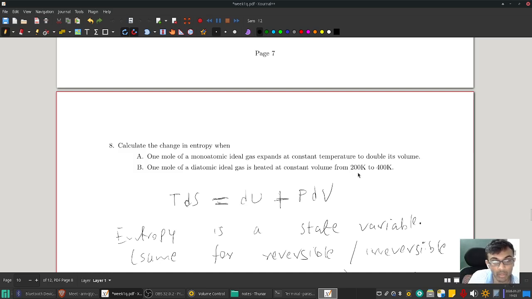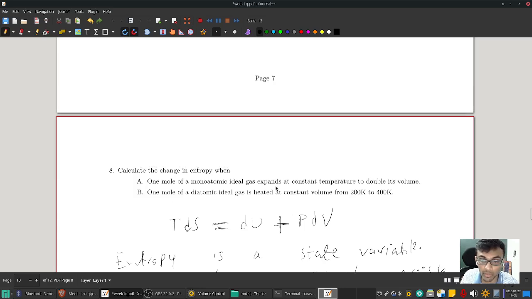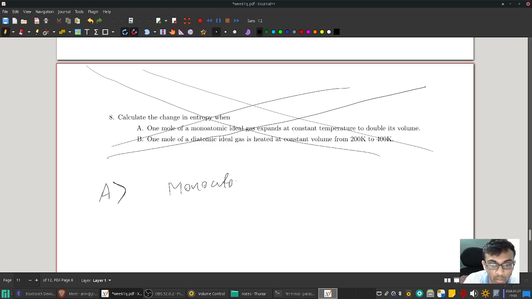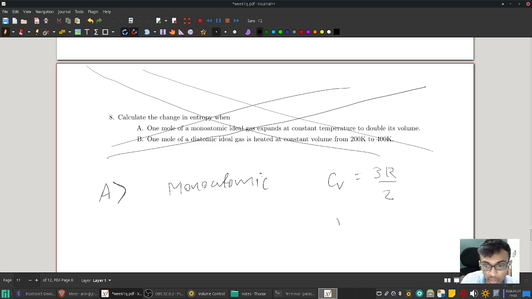The first one is a monatomic ideal gas expanding at constant temperature. So it's monatomic, that means Cv is 3R by 2, and it is given that n is 1.